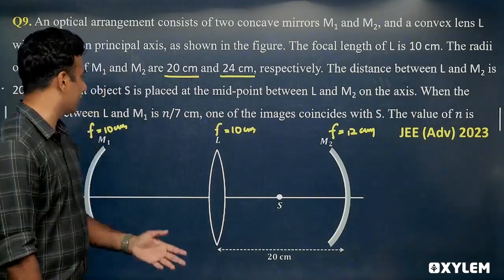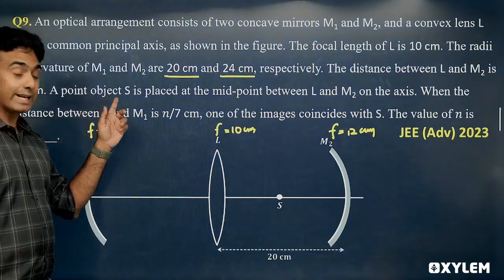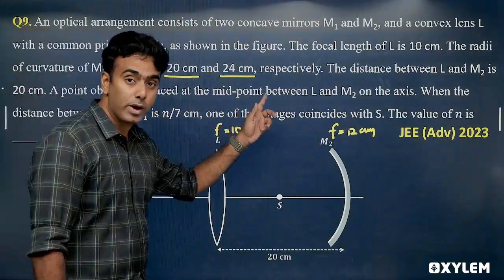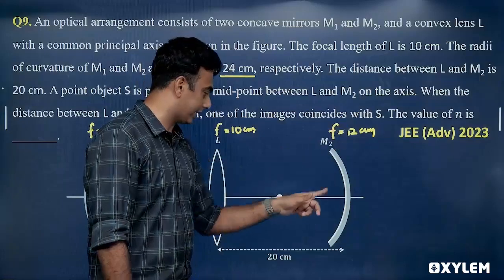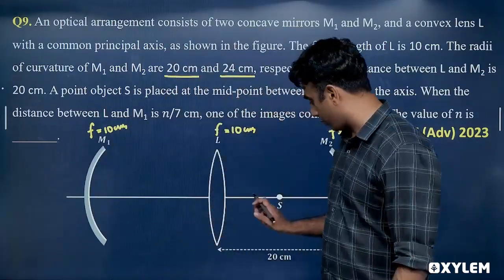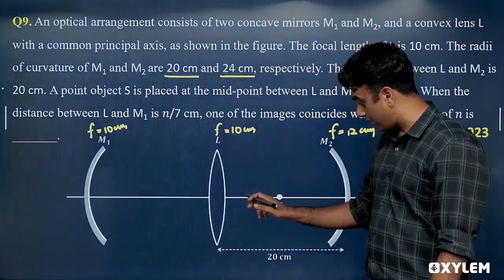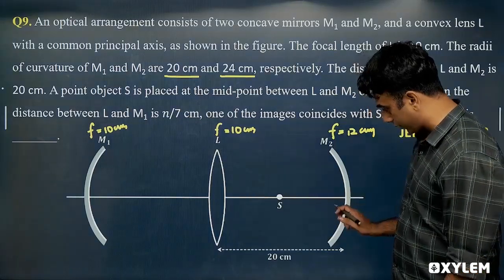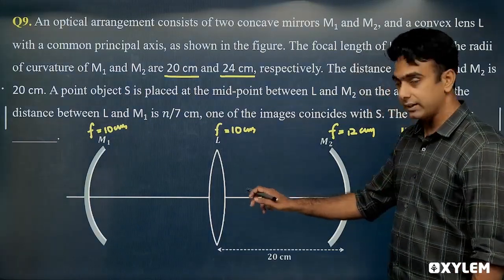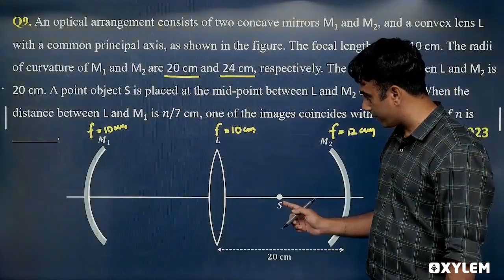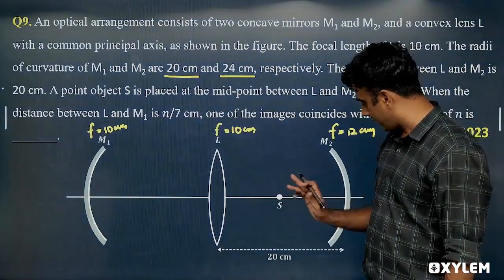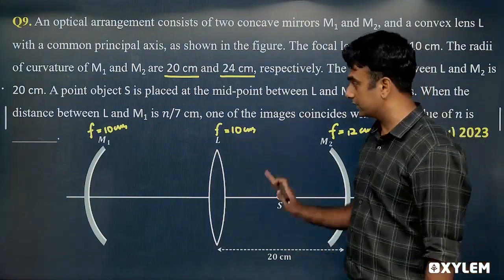It is given in the question. Moreover, a point object S is placed at the midpoint between L and M2 on the axis. That means this source S is placed at the midpoint of this line, at a distance of 10 centimeter either from the lens or from M2. Okay, it's clear.